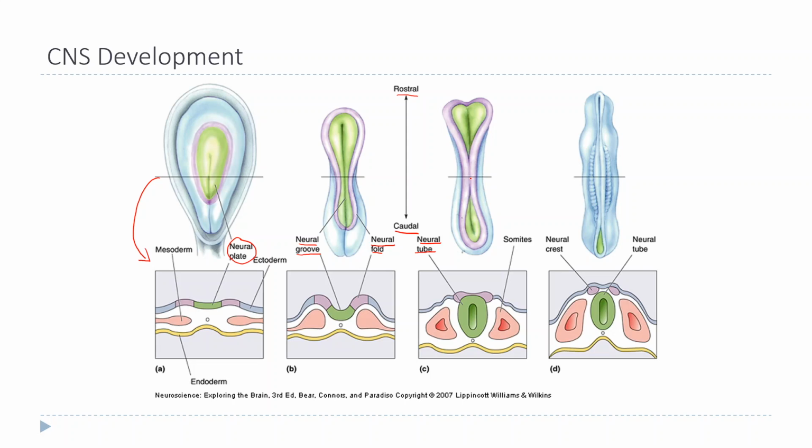So the tube has started to form in the middle and it hasn't quite sealed at the head or tail end. In fact, there are birth defects associated with conditions where the neural tube doesn't quite close, so they're called neural tube disorders.